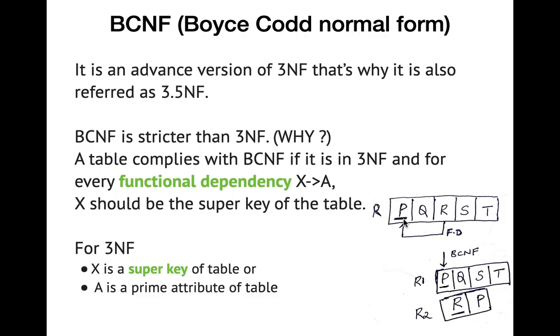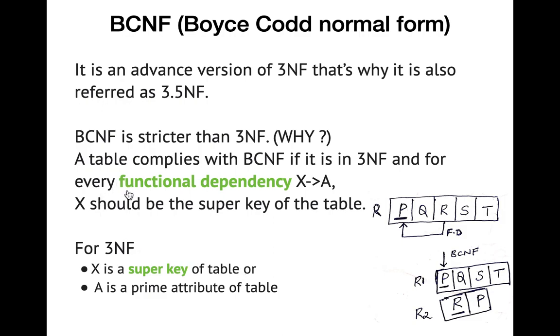Now let's see what BCNF provides as an extension to 3NF. In 3NF, a dependency X gives A, here R gives P, requires either X to be a super key or A to be a prime attribute. If either condition is met, it satisfies 3NF.